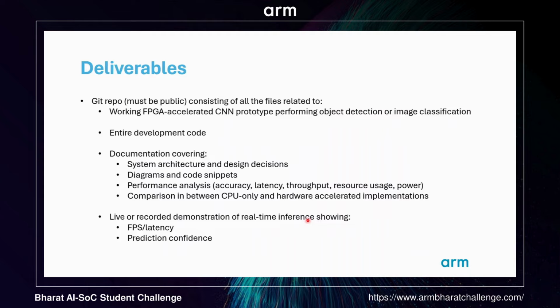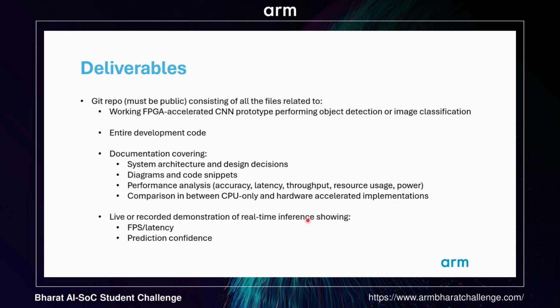Going through the deliverables, the main deliverable is a Git repo. This Git repo must be public, which will ensure a streamlined evaluation. The Git repo must comprise of all the files related to the working FPGA accelerated prototype, the entire development code.